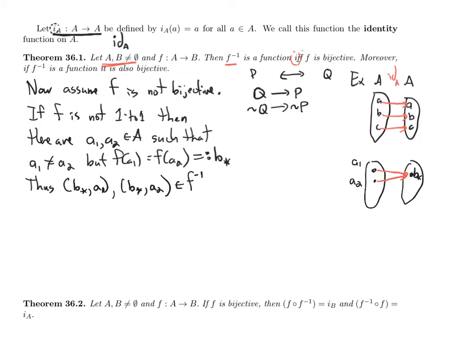So in the inverse, b star would be related to both a1 and a2. And so everything in the domain of the inverse is not related to exactly one thing in the codomain of the inverse, so it's not a function. So f inverse is not a function.